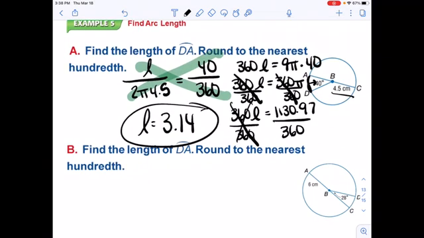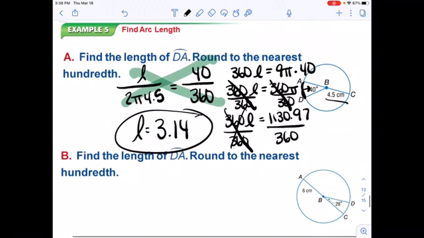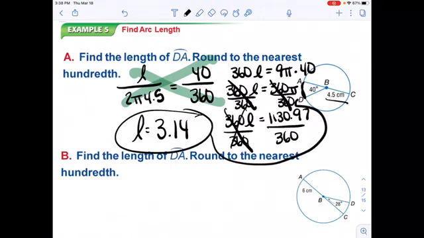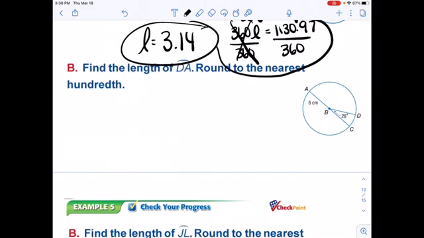That's just how this one happened to turn out. So don't assume your answer is always pi. Really, the length of this segment here is equal to 3.14.